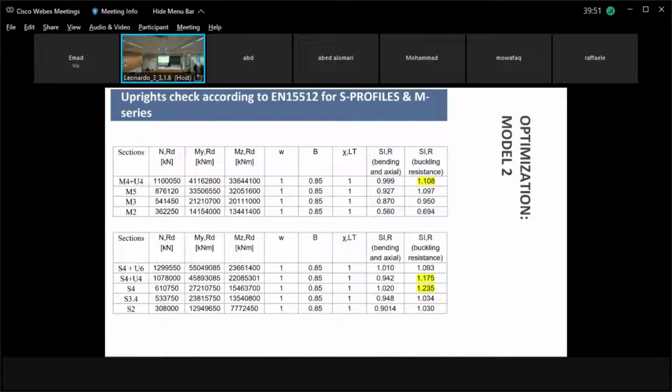And this is because for the general method, we analyzed the behavior of the member in a plane, while in the method indicated in the EN, we directly considered the flexural torsional behavior of the members.